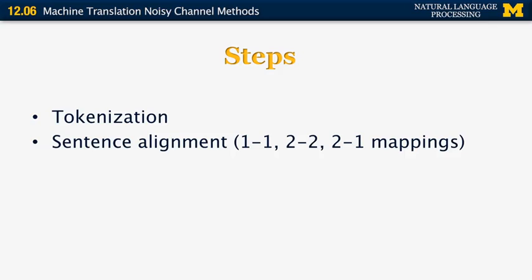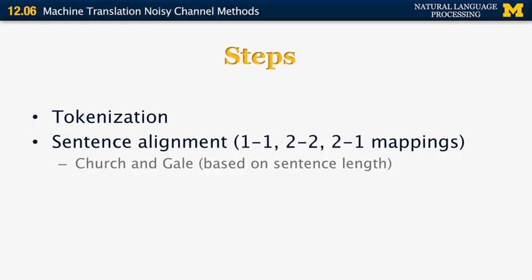That's when sentences A and B in one language get translated into, let's say, sentences X and Y in the other language, but A doesn't exactly match X and B doesn't exactly match Y. And finally, we have other examples, for example, 2-to-1 or 1-to-2 mappings, where one sentence in one language gets split into 2 or more sentences.